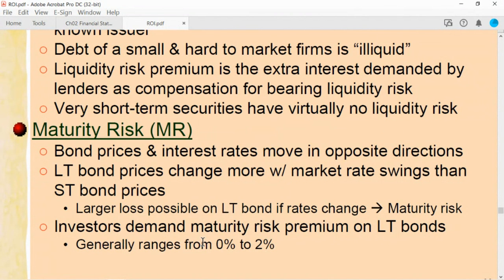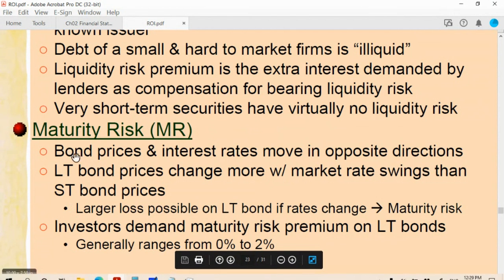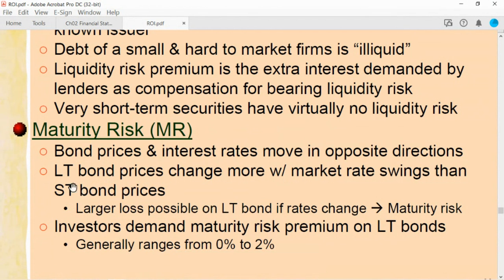There's an inverse relationship between the price and interest rate, right? Everybody should be clear about that, right? Is there anyone who's not sure about this yet? The inverse relationship between the price and the return. And the long-term bond prices change more with the market rate swings than the short-term bond prices.